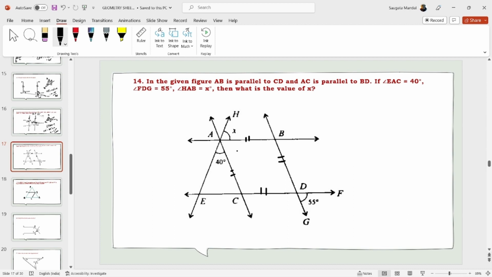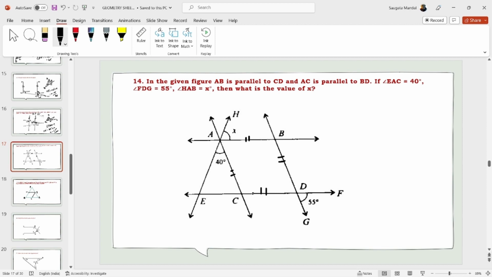Then what is the value of x? Using the concept of corresponding angles and alternate angles, we can easily find the value of x. AC and BG are parallel to each other. EF is a transversal line.